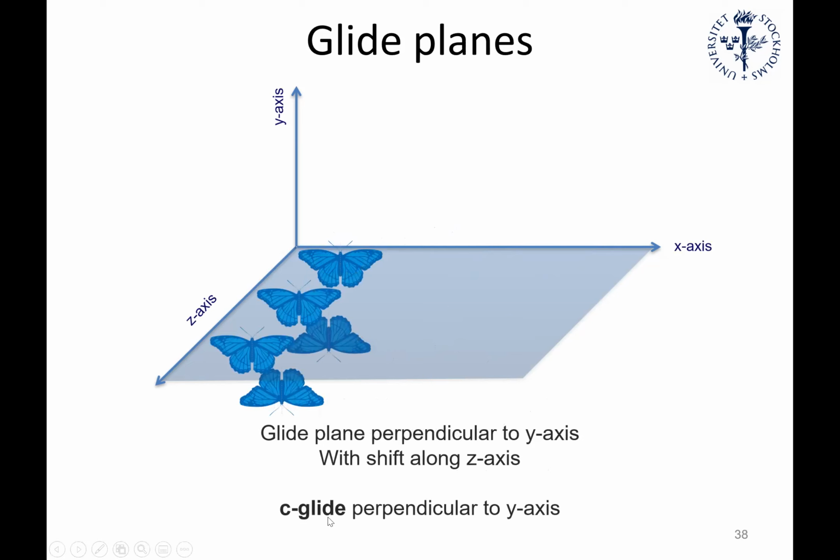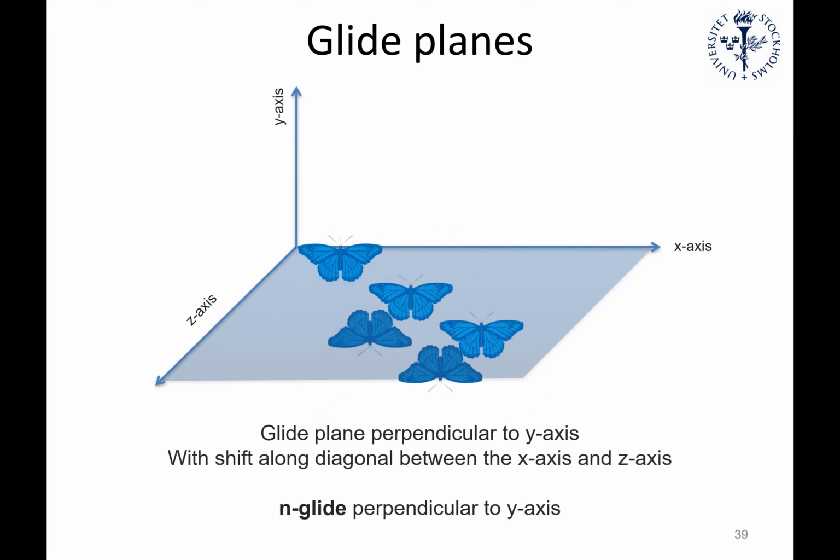Now, if we were to have a C glide, this C glide plane is still perpendicular to the y-axis. That hasn't changed. But the direction we translate along has changed. Now we're translating half a unit cell along Z, which is why we call it a C glide. We can also have an N glide.